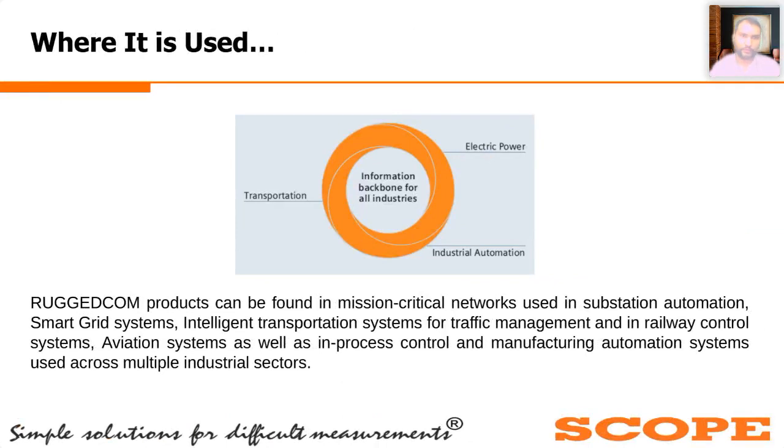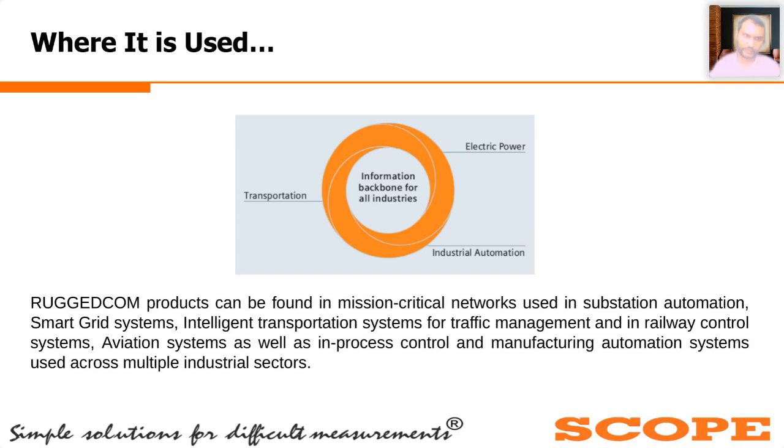So where is it used? I already said that it can be used whenever data communication is required. Whenever there is a network, there are multiple networks that need to be connected. In that case, our Ruggedcom switches and routers can be used.